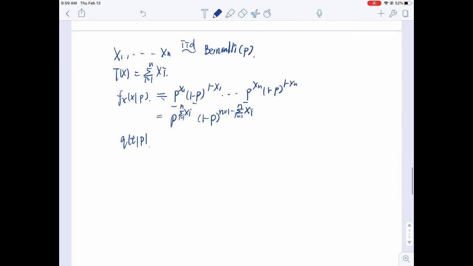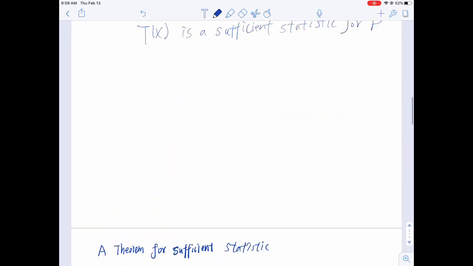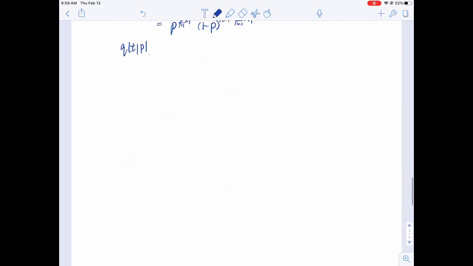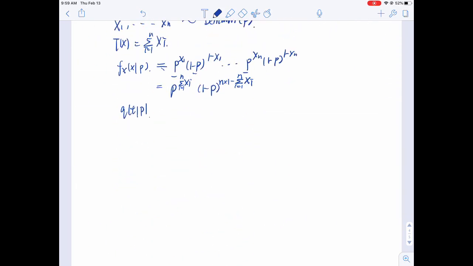And we know that the sum of Bernoulli trials is a binomial distribution with parameters n and p. That's why we can directly write out the distribution of T using the binomial PDF.